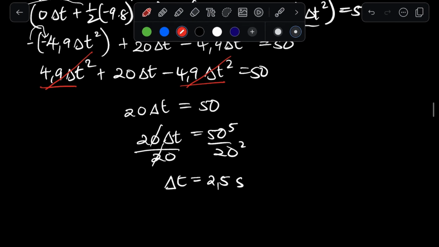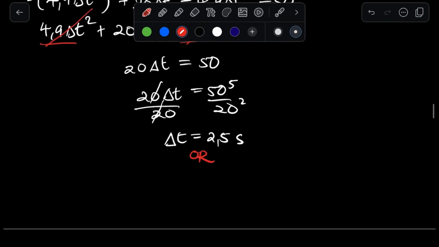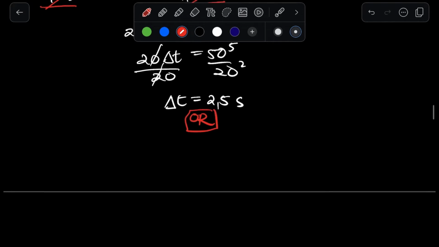That's both their time. Okay, let's look at the alternative way to do this. We're going to look at the relativity, which is the relative motion of both balls. So ball X and ball Y, okay, let me put ball Y at this point.